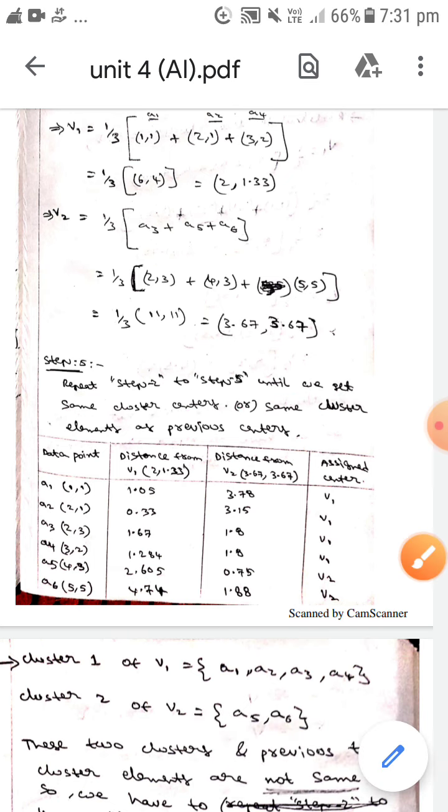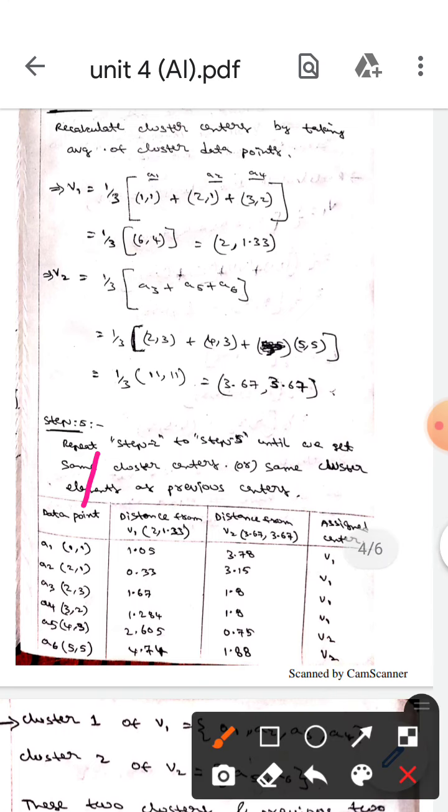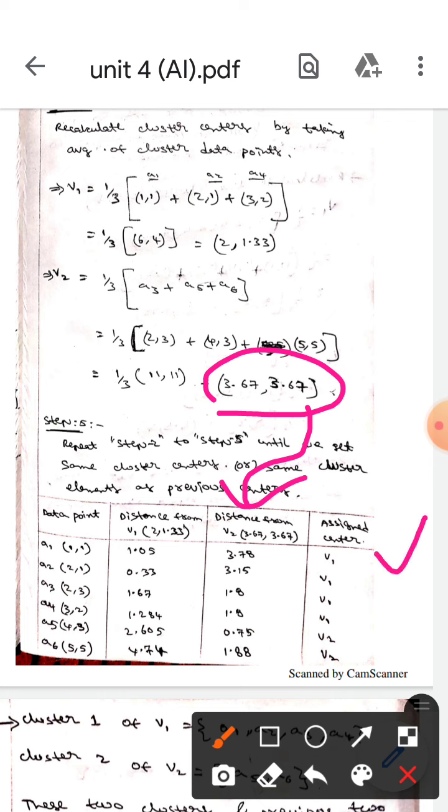Here we will note these data points as given in the question. Then the cluster center of v1 is (2, 1.33), whereas the cluster center v2 is (3.67, 3.67). These are the new centers.